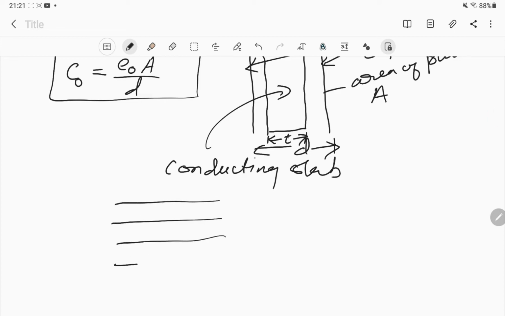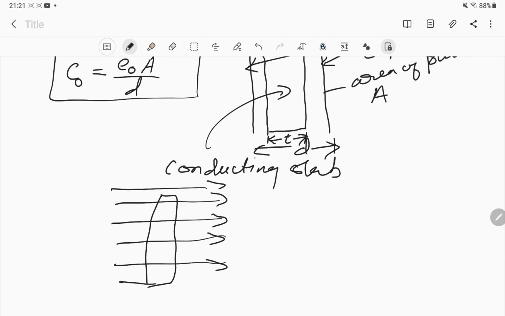When you place a conductor inside an electric field, inside this conductor the electric field is 0.